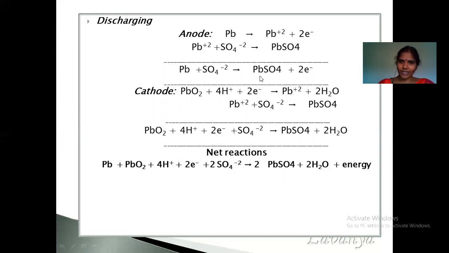This is the overall reaction at the anode, that is lead reacts with the sulfate anion and we get PbSO4, and two electrons are released.